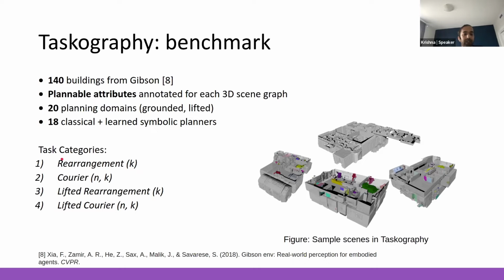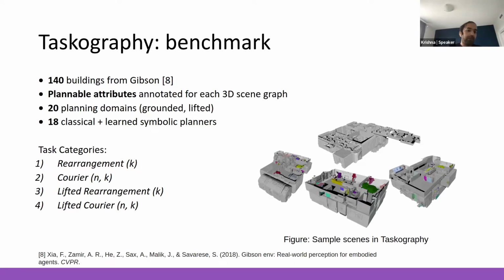One broad category of symbolic planning problems is rearrangement. And rearrangement, again, was a very recent multi-institutional white paper from a lot of robotics and computer vision researchers. Rearrangement is basically a task where you have k objects and you need to rearrange them into k different target locations. And rearrangement is actually a very general planning problem in the sense that it encapsulates a lot of different tasks a robot would do in just one broad construct.